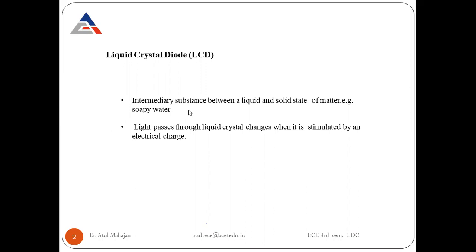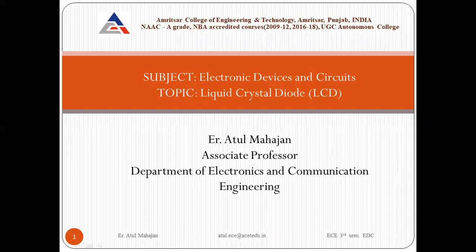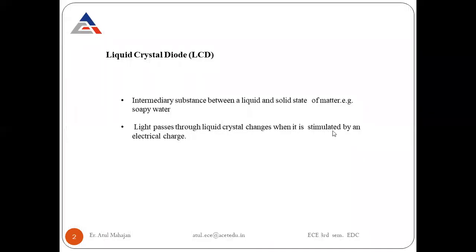Light passing through the liquid crystal changes when it is stimulated by an electrical charge. So in the case of LCDs, light passes through liquid crystals, and the shape of these crystals changes when stimulated by an electrical charge.